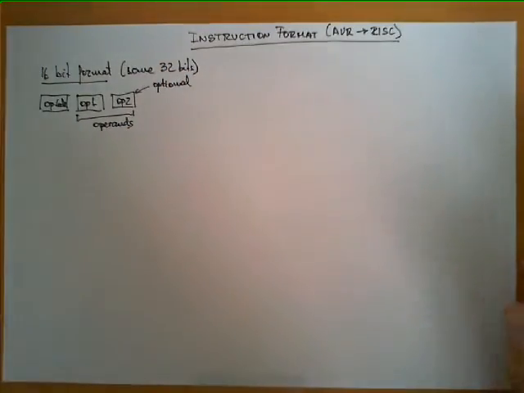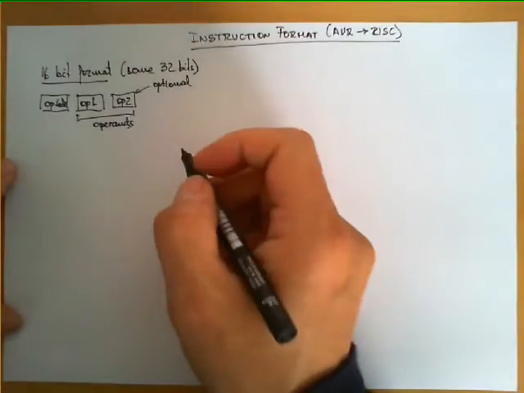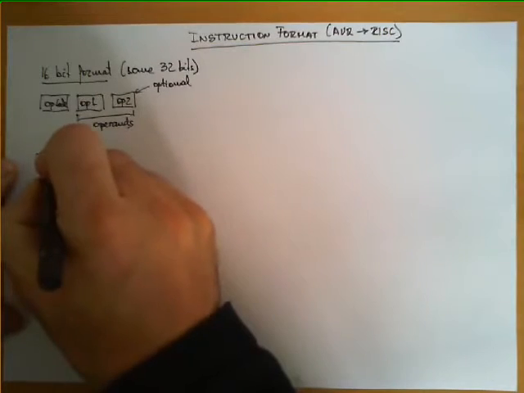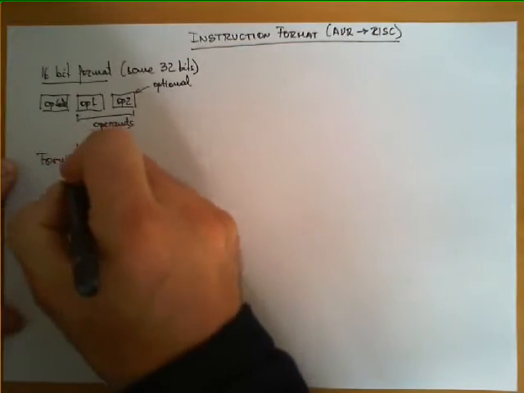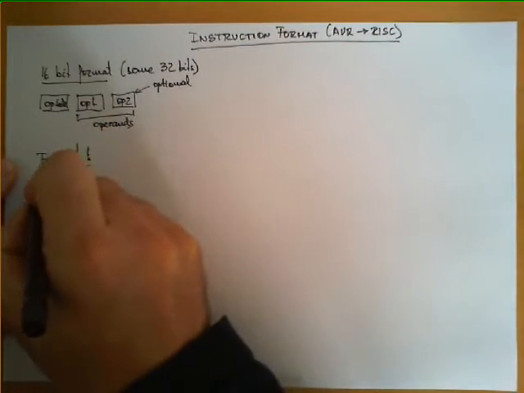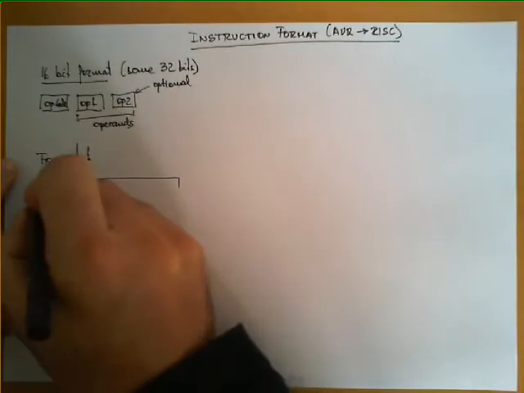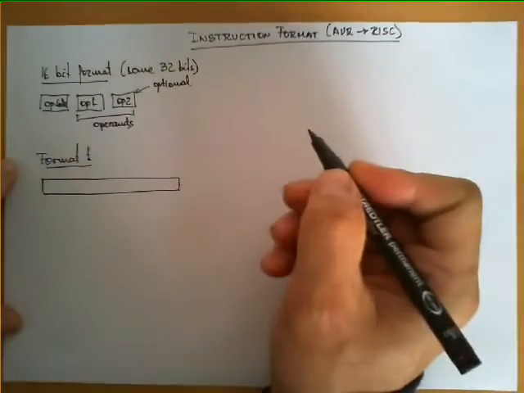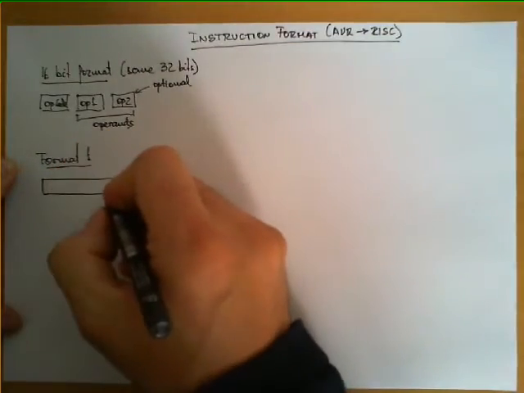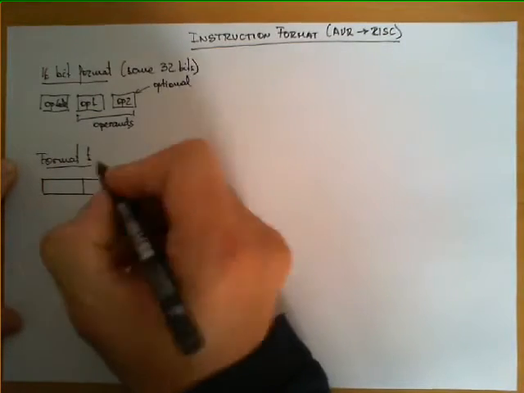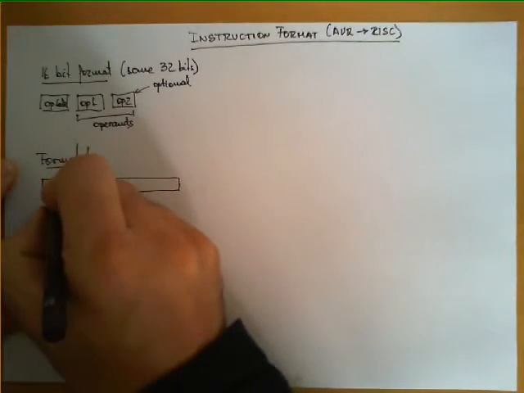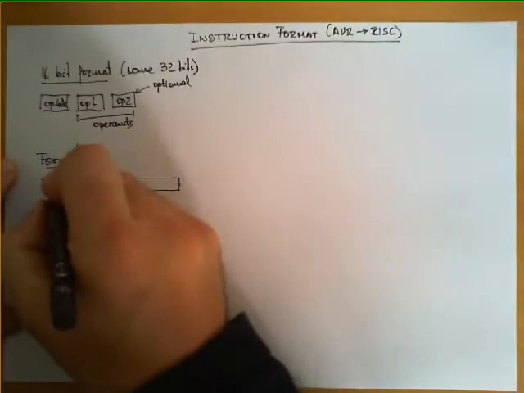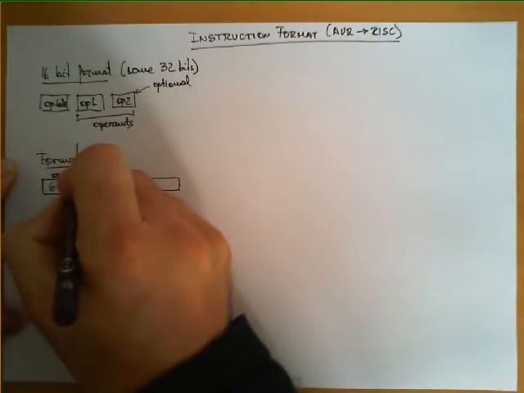So let's give examples of the formats that are supported by the microprocessor. The first one is, let's consider these 16 bits, divided into 4 fields. The first field has 6 bits to encode the operation code.